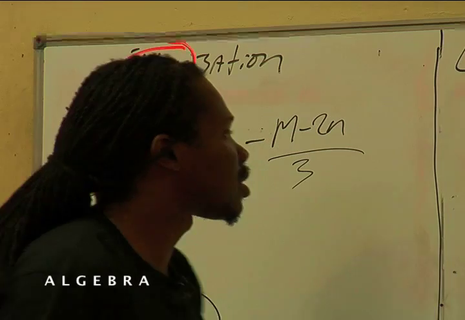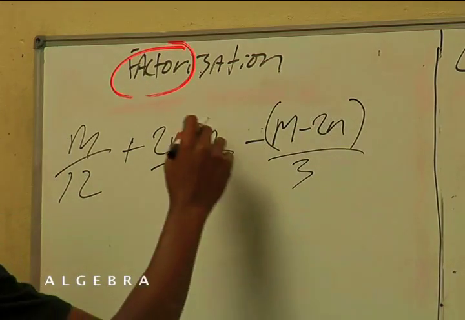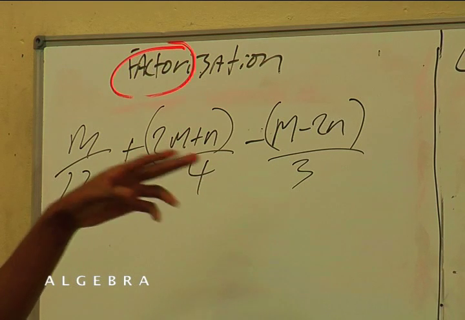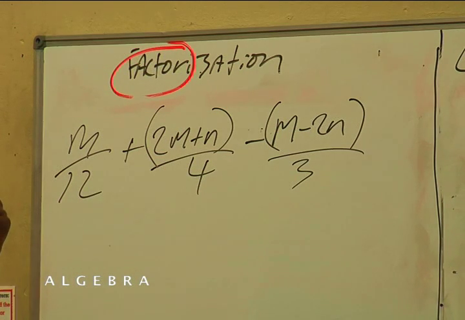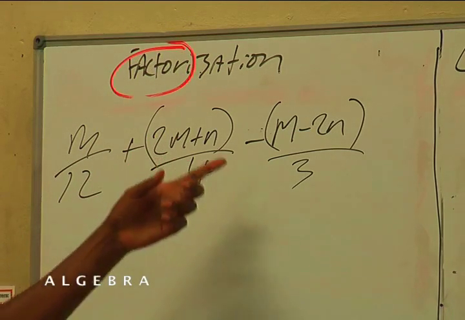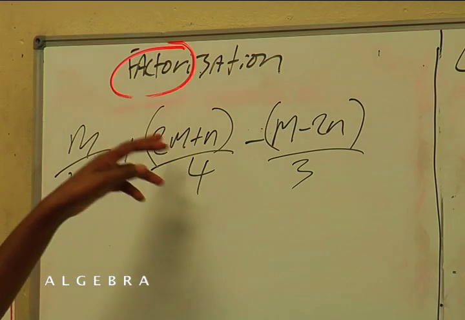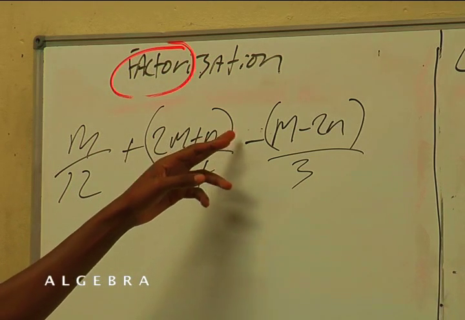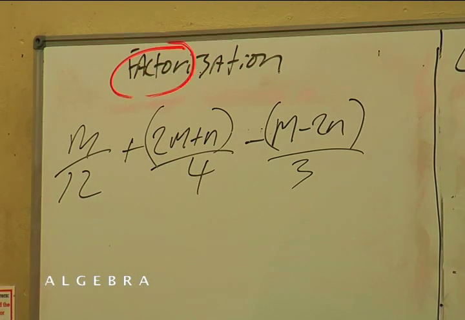When you get this, the first thing I want you to do is to bracket the ones that have more than one function. When you bracket them, it shows you one number. All this is saying is that one number is equal to 2m plus n. So if m is 2 and n is 1, then this is 5. 2 2s is 4 plus 1, 5.